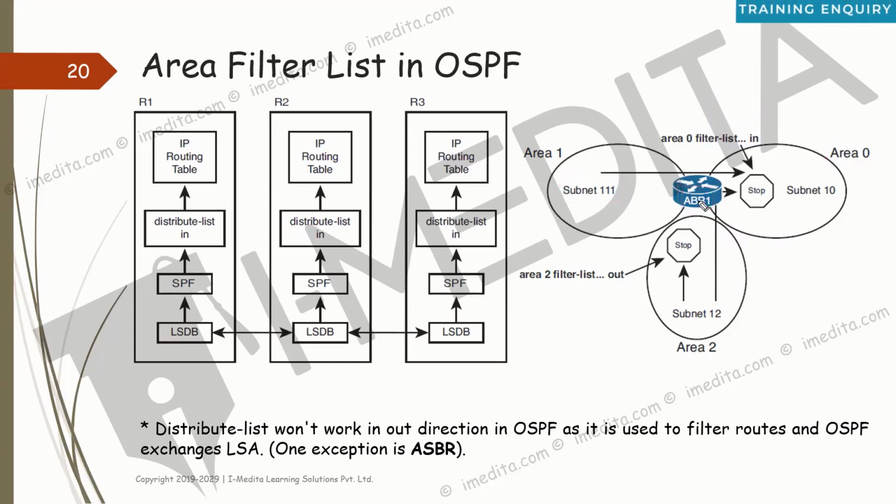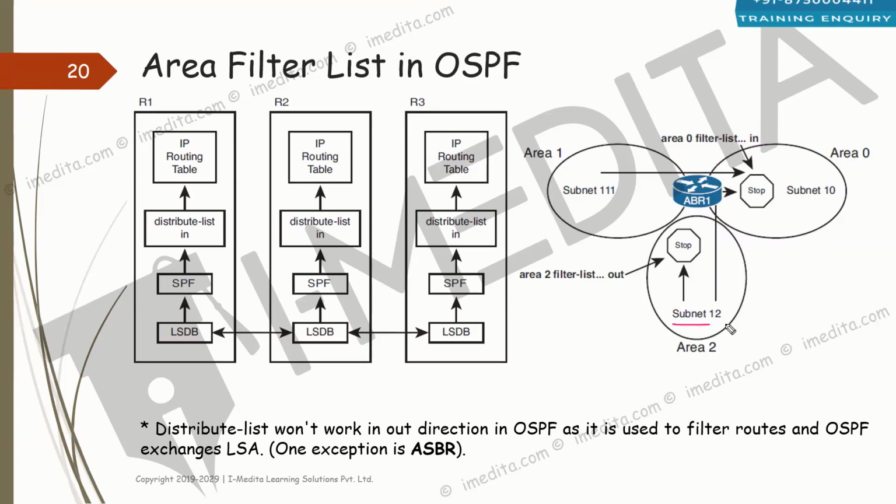So what command am I going to use? I'm going to use the command on ABR, area 0 filter list, whatever name, and in. That means when the prefixes enter the area 0, filtering will take place and the subnets are going to be blocked respectively. The filtering will not take place in this area because we did not use the command for that area.